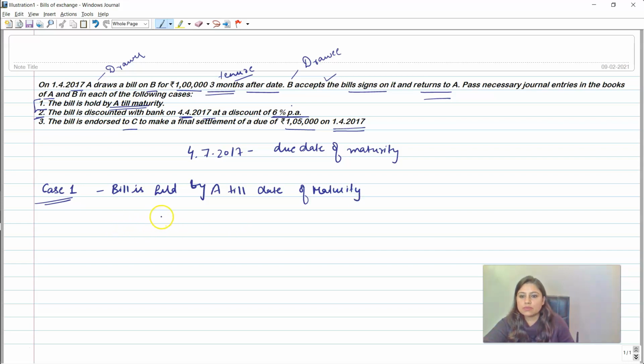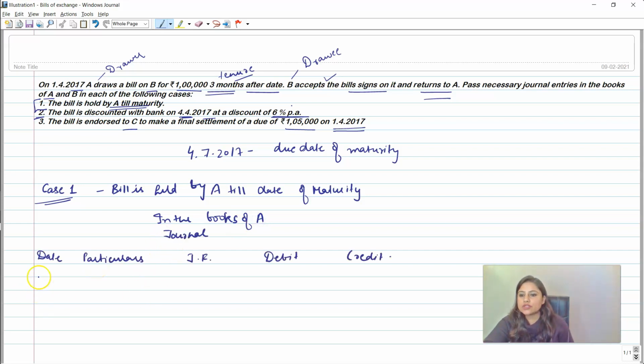First, in the books of A, we would be passing the journal entries. On the very first day, that is on 1st of April 2017, the bill has been drawn by A. Such bills in the books of the drawer would be bills receivable.